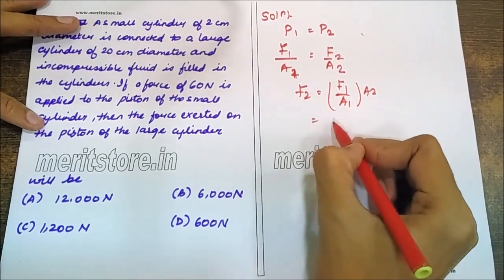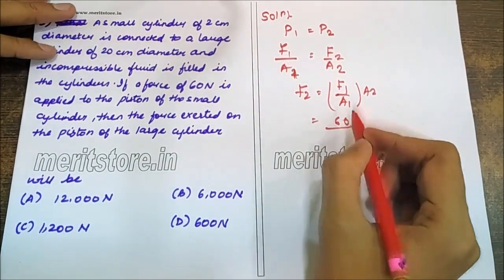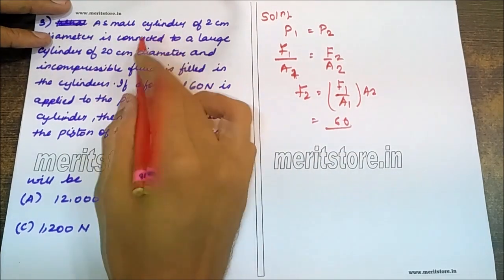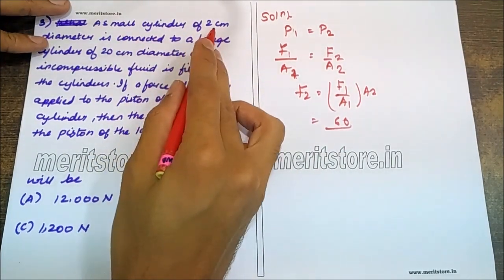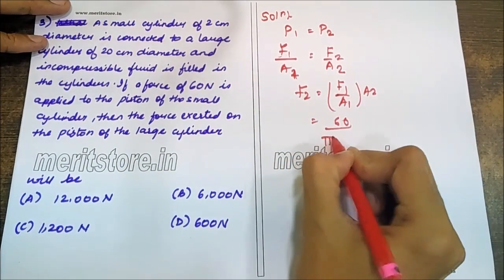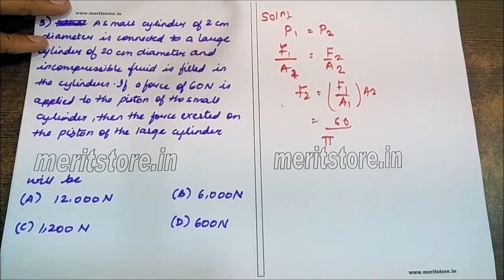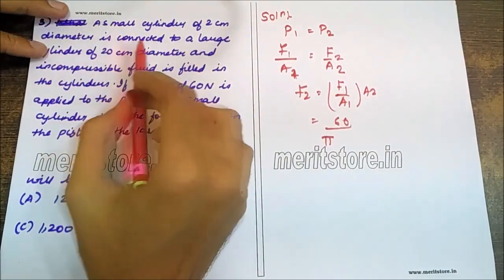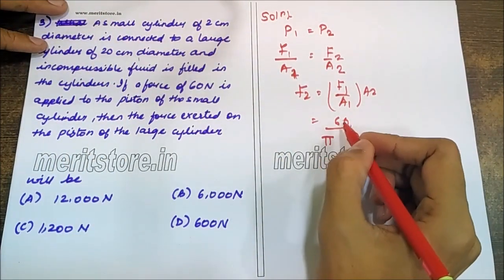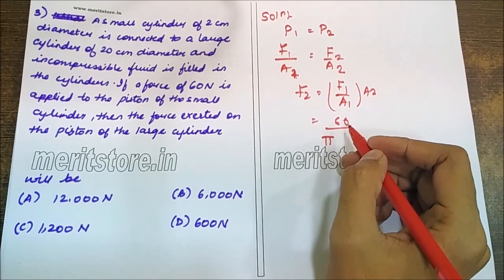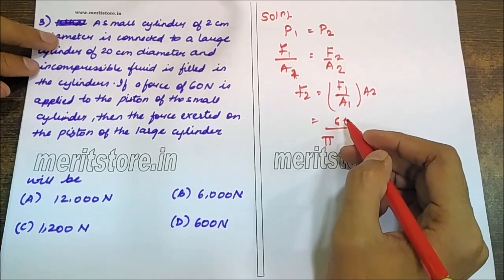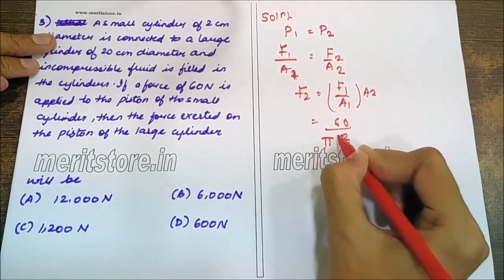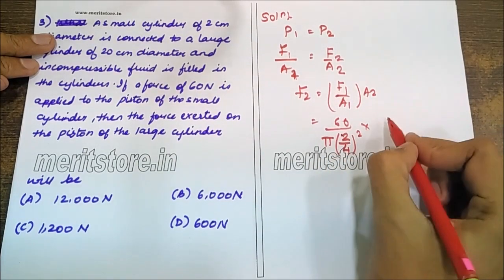So the force F1 is 60 Newton upon its area, which is pi r square. For a cylinder the area is pi r square, so that gives 2 by 2 square multiplied by pi.